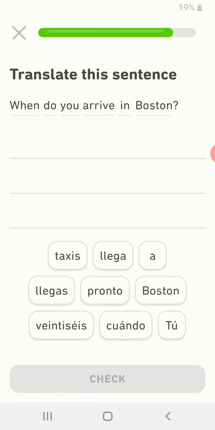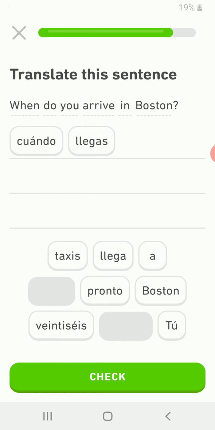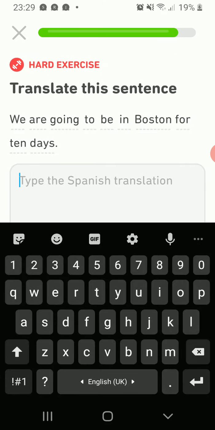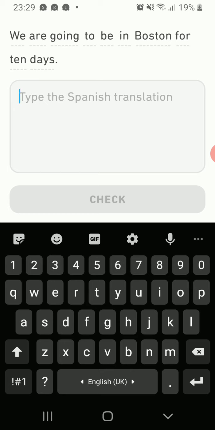Okay, when do you arrive in Boston? ¿Cuándo llegas a Boston? And we're going to be in Boston for 10 days. We are going.